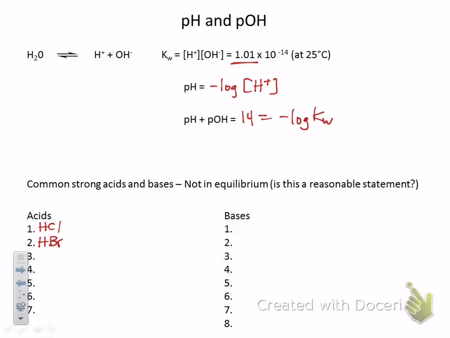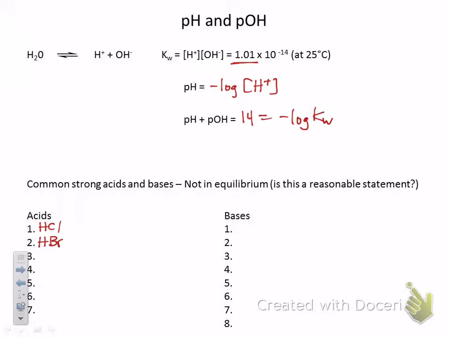Then I want to also remind you that we have a small list here of common strong acids and strong bases, and we generally accept that these do not exist at equilibrium. So they completely dissociate to form their ions in solution, and while these lists are not the only such lists, this is the list of both acids and bases that I want you to be familiar with.